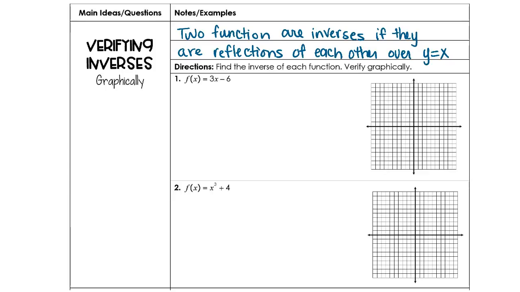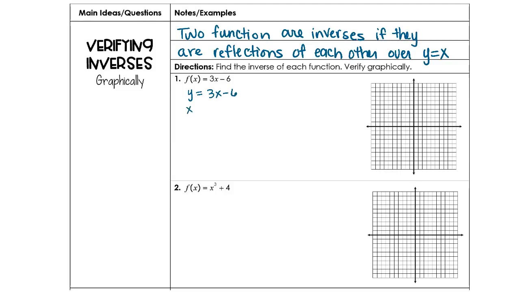All right, so now we need to be able to verify these inverses. And so what we're going to do with this, we're actually going to find the inverse first, and then we're going to graph these two to see what all of this is really talking about here. So for the first thing, let's go ahead and verify our inverse. So we're going to have here y equals 3x minus 6.